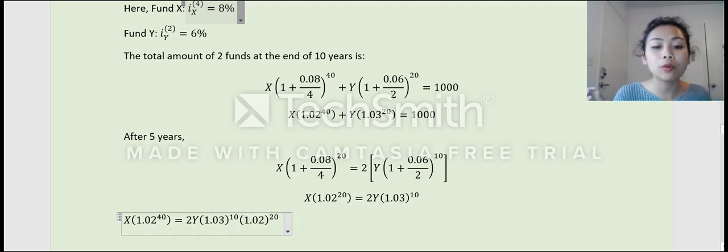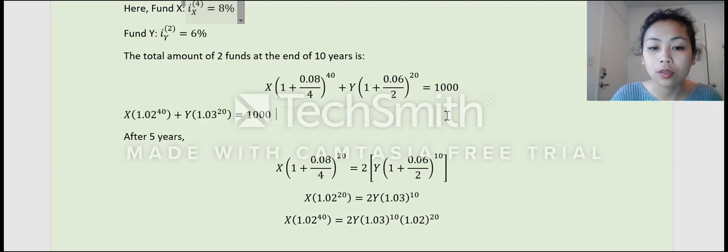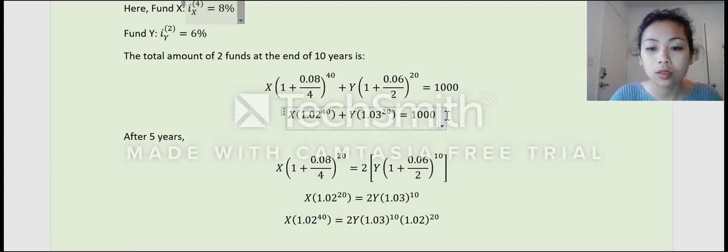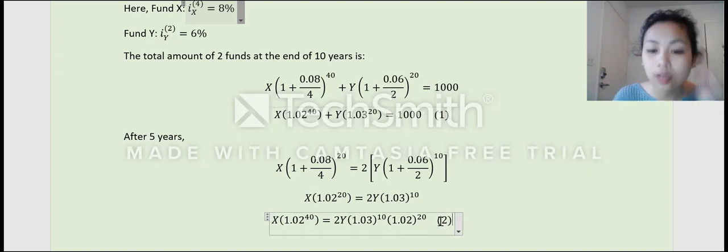That means we multiply both sides by 1.02 to the power of 20. So now we use this one and substitute into the first equation. This is the first equation, and this is the second equation. So we are going to substitute the second equation into the first equation.